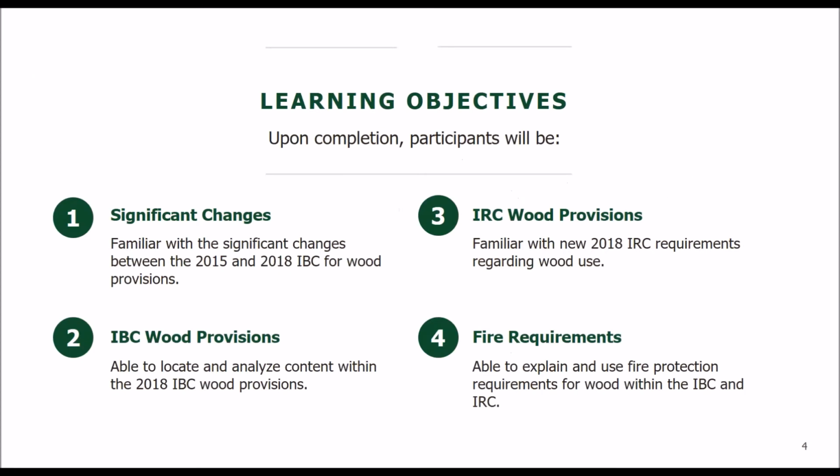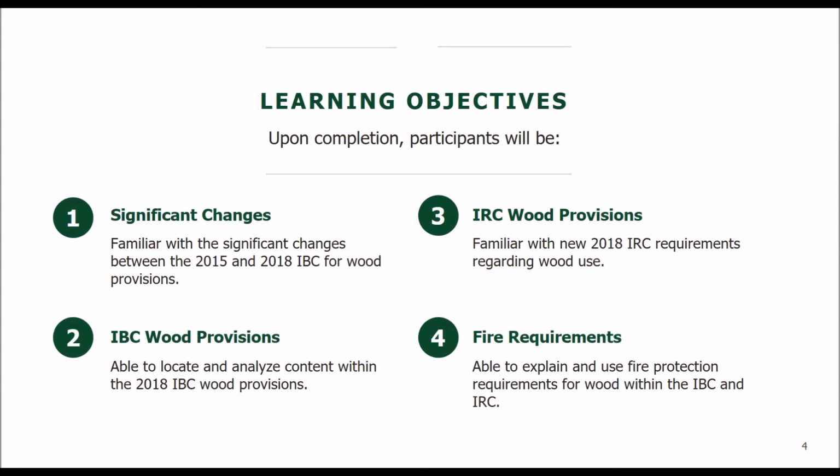And then we have the learning objectives for today's presentation. First learning objective is becoming familiar with significant changes between the 2015 and the 2018 IBC for wood provisions. We also have be able to locate and analyze content within the 2018 IBC for the wood provisions.